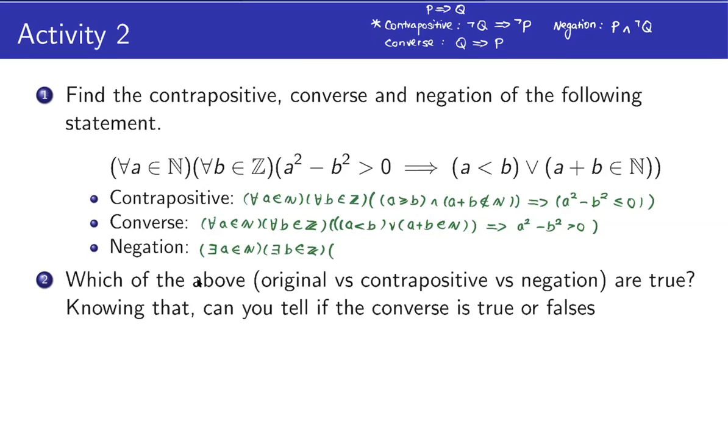Recall that negation of P implies Q is P and not Q. So P and not Q. Okay, so not Q is A greater than or equal to B, and A plus B is not natural number. So that's a negation. Any question? Question?